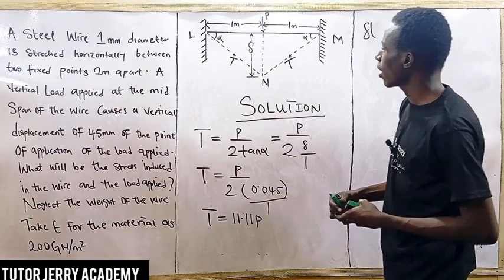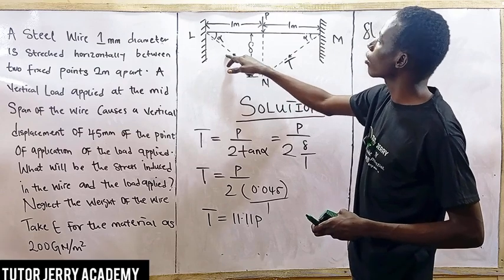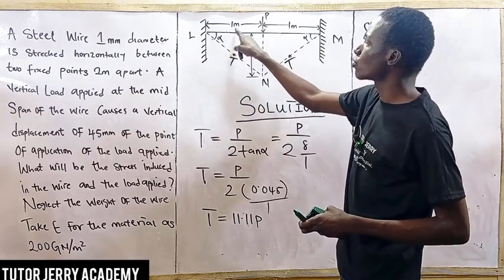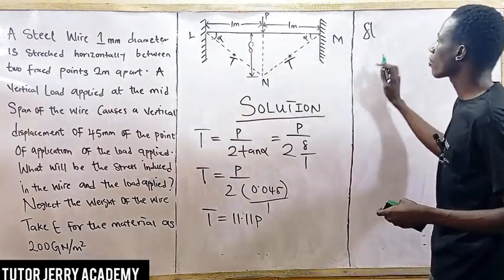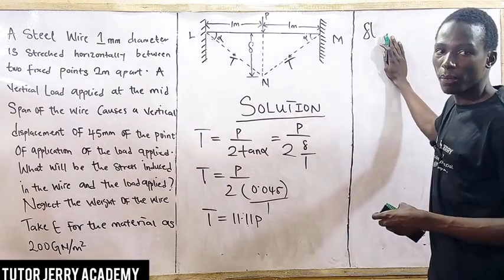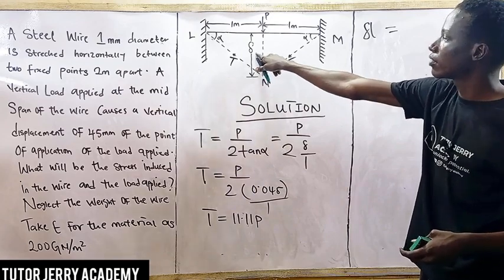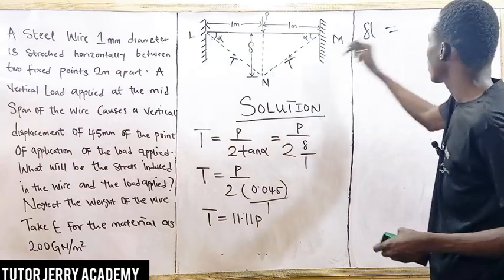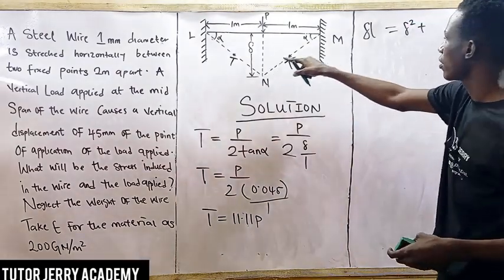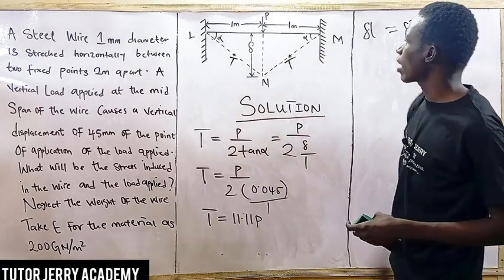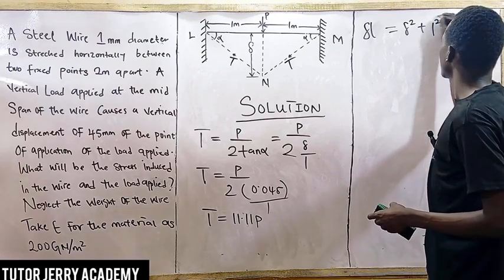Pythagoras theorem. Pythagoras theorem says the square of the hypotenuse is equal to the sum of the squares of the two other sides, which are the opposite and the adjacent. So L, which represents our hypotenuse, will be equal to the square root of the displacement squared plus 1 meter squared.